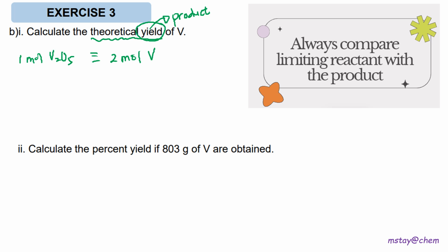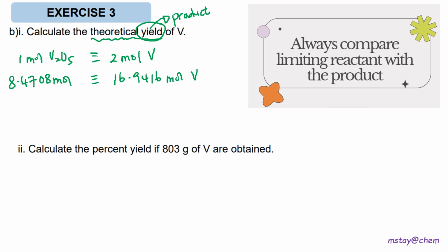Next, we will use the mole provided in the question for the vanadium 5 oxide, which is 8.4708 mole, and hence it will produce 16.9416 mole of vanadium. Since this question does not mention whether it should be in number of mole or mass, you can keep the answer in terms of number of mole.